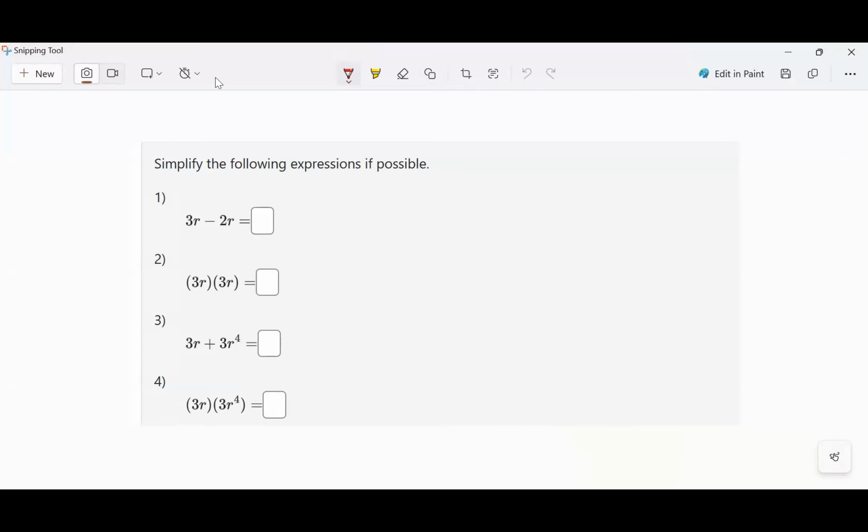Yes, Sarah, question? When you say simplify the following expression, do you mean like you want another expression or one answer? Like one. Just single answer.